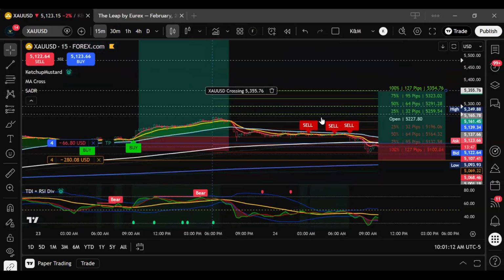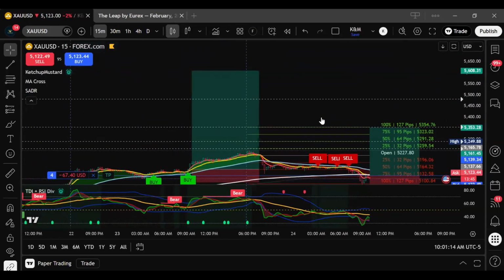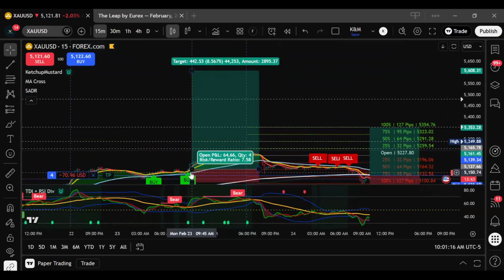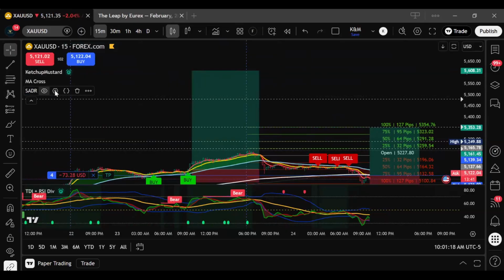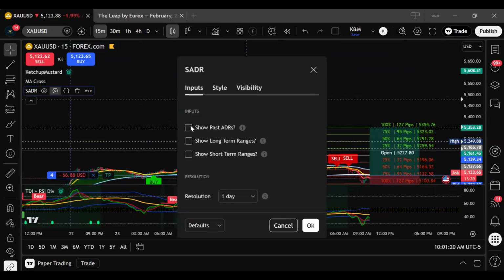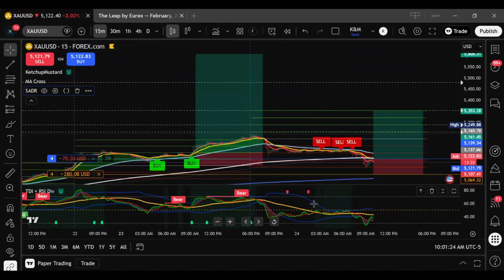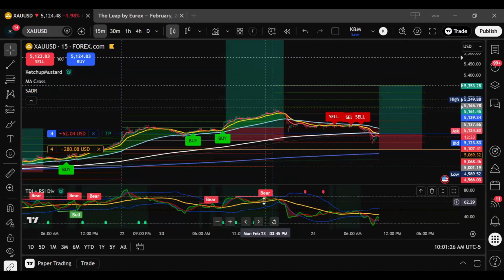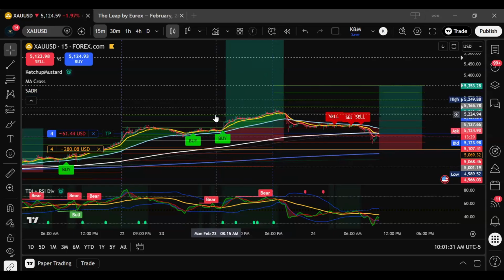Before I get into that, what I did with the trade we took yesterday, we did the buy, and I'm gonna show the past daily ADR. So we got into the buy here. And this right here was the 100% on the daily. It hit all that.